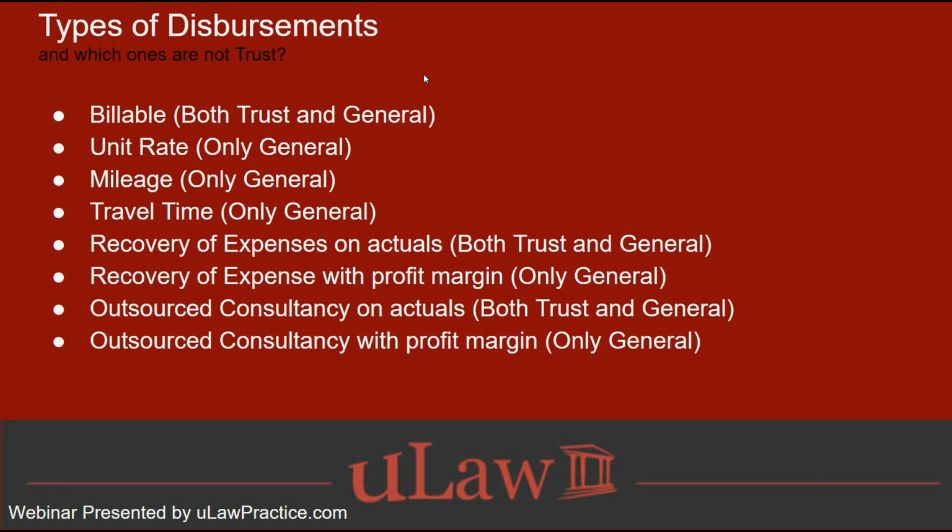Wherever it's not really the actual that you're recovering and there's a mark up or a mark down, prefer to use general. Wherever it's purely based on actuals, you have the opportunity to use the trust account. Okay? Rule of thumb.